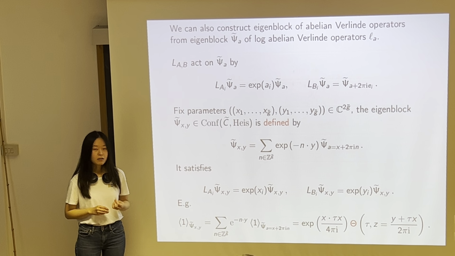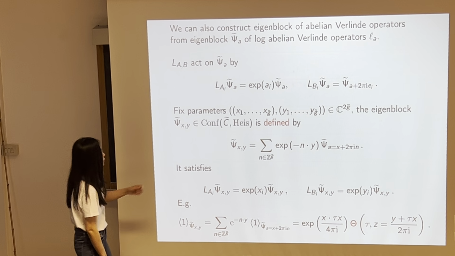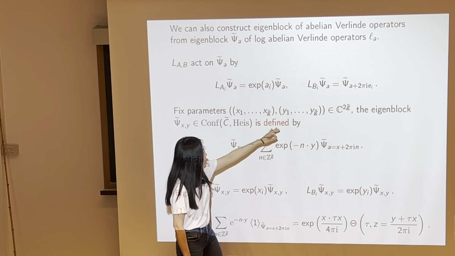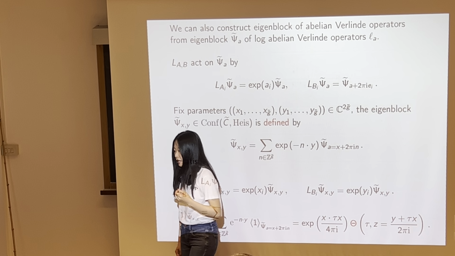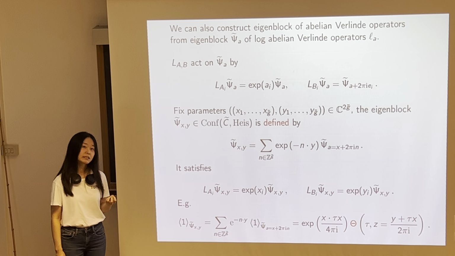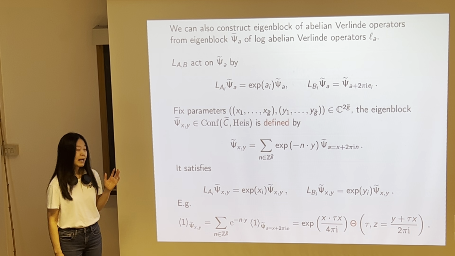To build the eigenblock of the capital L A B, let's first look at how they act on this psi tilde A, which we already know. L A I acts on it in a simple way by just taking the exponential, and L B I acts on it by a shift. This is because L B is the exponential of the little case L B, which, as we have been discussing, acts on psi tilde A as a differential operator.